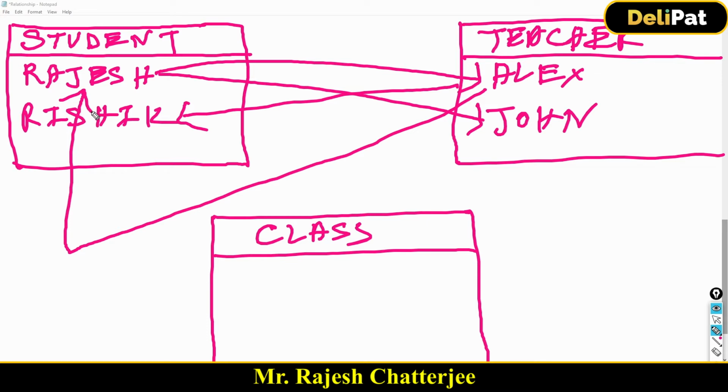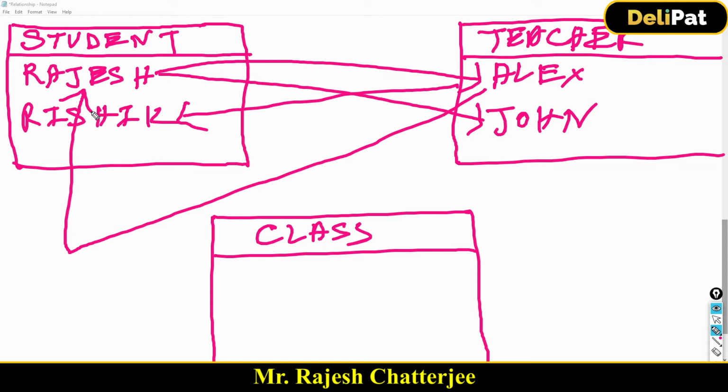You understand what I'm saying? The same Rajesh who was taking lessons from multiple teachers, the same teacher named Alex is giving lessons to multiple students. Now, what if I want to have an object which will tell me clearly who is taking lessons from whom, or who is teaching whom?